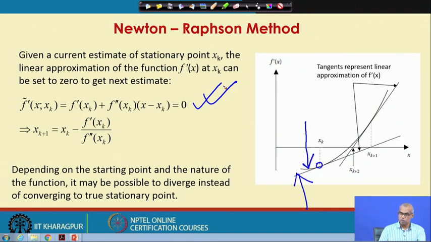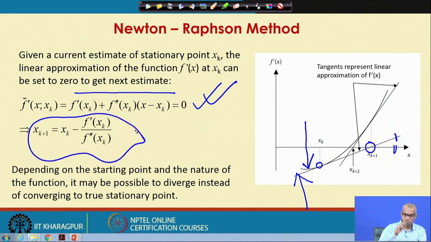So, by setting this equal to 0, that means when this approximation touches the x axis, that means point x k plus 1 is the next improved guess for the root of f prime x equal to 0, and that can be obtained by setting this equal to 0, which if you rearrange you will get x k plus 1 equal to x k minus f prime x k by f double prime x k.